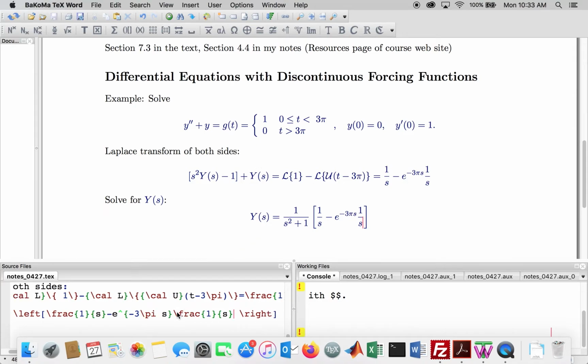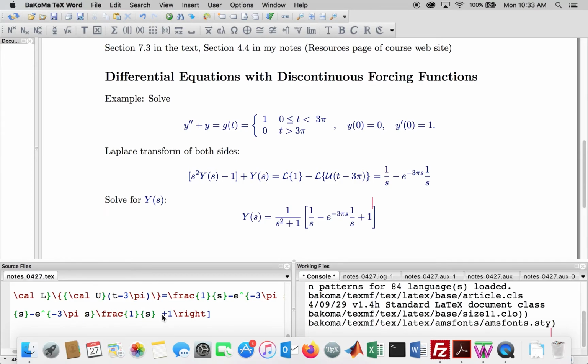So I'll have a plus 1 there. Okay, so to recap, first, move this minus 1 to the other side, it becomes a plus 1. So now we have everything you see in the square brackets. Then divide by whatever's multiplying Y of s on the left side, s squared plus 1. So that's the denominator here.